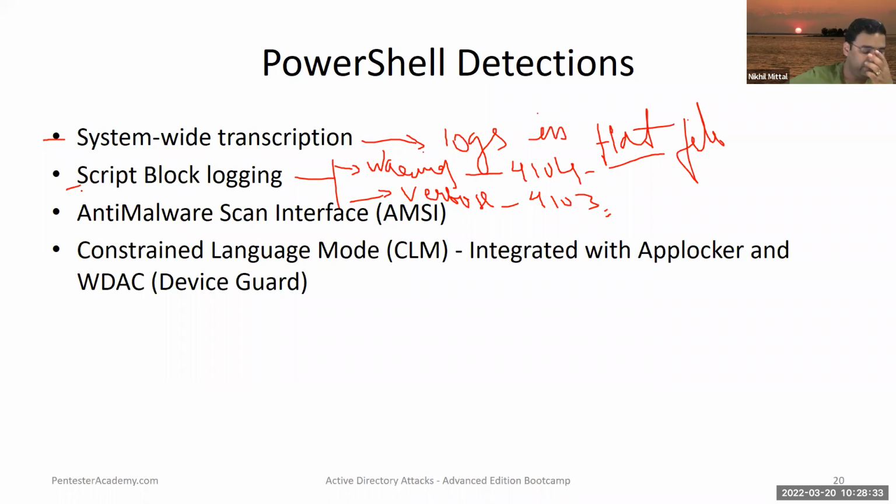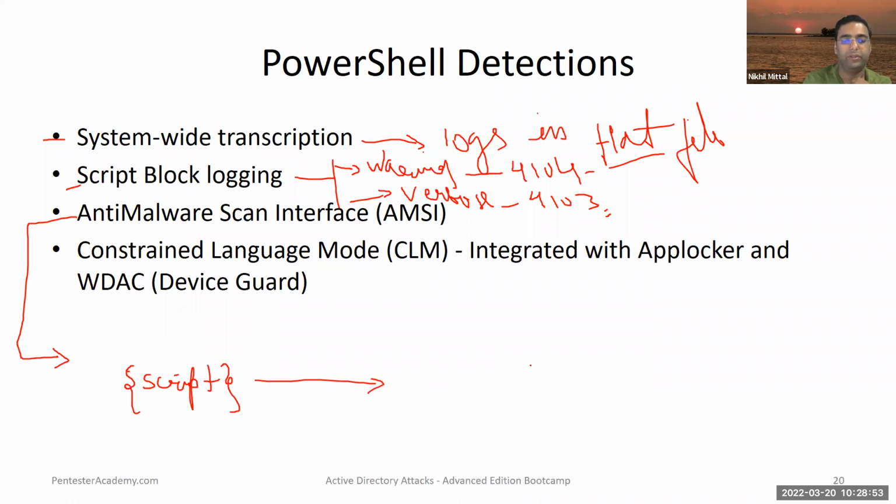Then comes the Anti-Malware Scan Interface, or AMSI. So what AMSI does is, let's say there is a script block that is about to run. You would have AMSI, the Anti-Malware Scan Interface, that would get the contents regardless of the script being typed or loaded in memory or using whatever method.